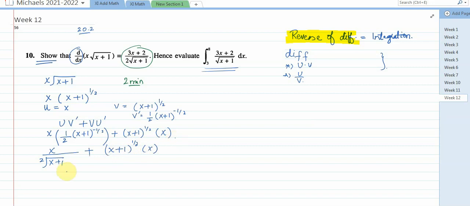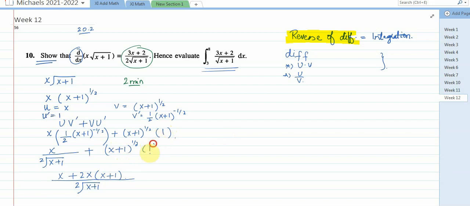Now if we take the LCM here, that will be 2 times under root x plus 1, that is the LCM. And in the numerator it will be x plus 2x, and x plus 1 to the power 1 upon 2 will be x plus 1 only. There is one mistake: the derivative of u is 1, so instead of x it's 1 here.